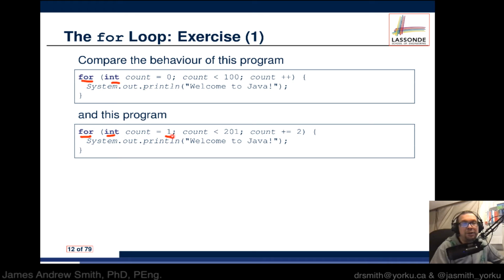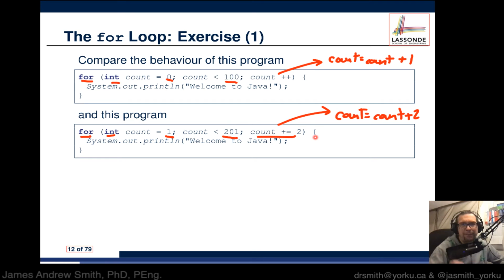We start the integer at 1 instead of 0, and we're going to go up to 201 instead of 100, and instead of this right here, count = count + 1, this right here is the same as saying count = count + 2. Okay, it's the same thing.